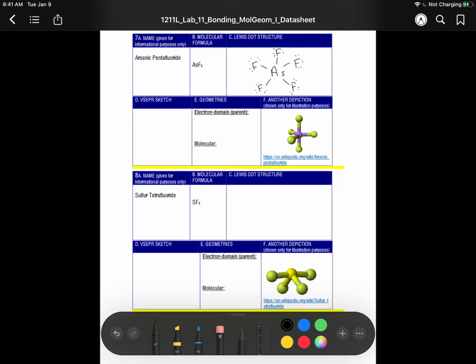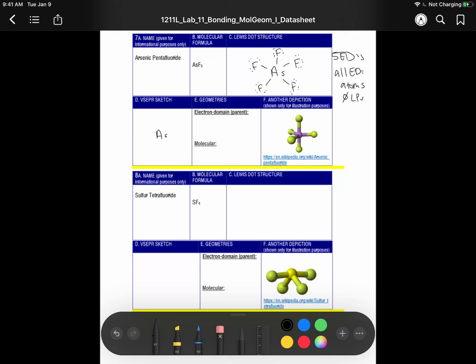We can see arsenic pentafluoride is going to have 5 electron domains. And all the electron domains are atoms. So there are 0 lone pairs. Okay? So our VSEPR sketch, this is where we want to bring geometry into this. So here we have our central atom, which is arsenic.